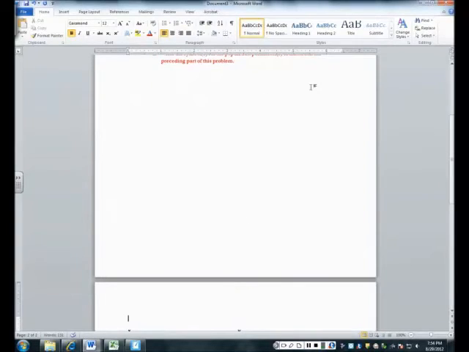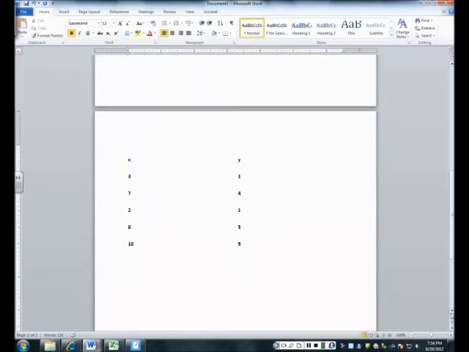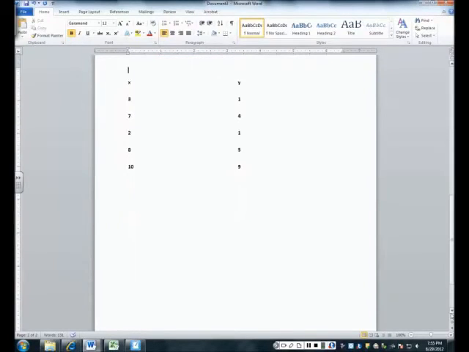Just want to get this all on a separate page here so we have as much space as we can. Okay, so there are values of x and y.